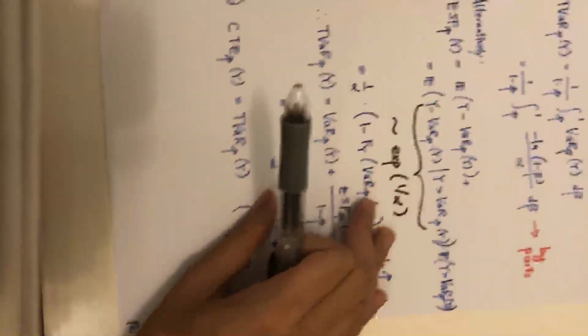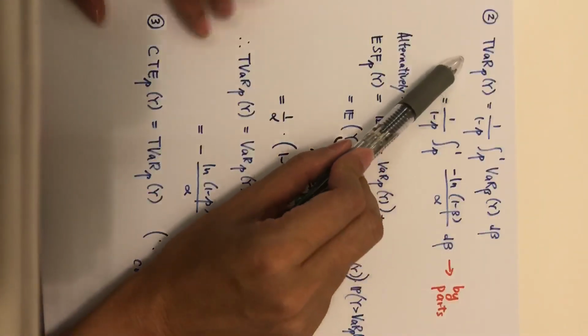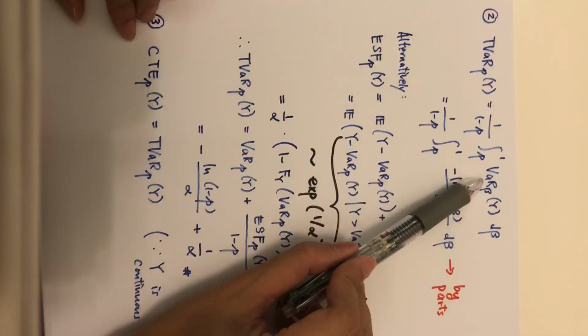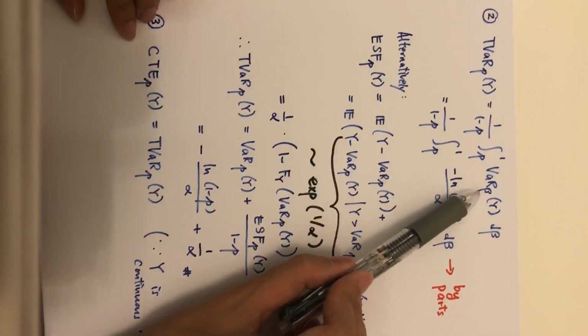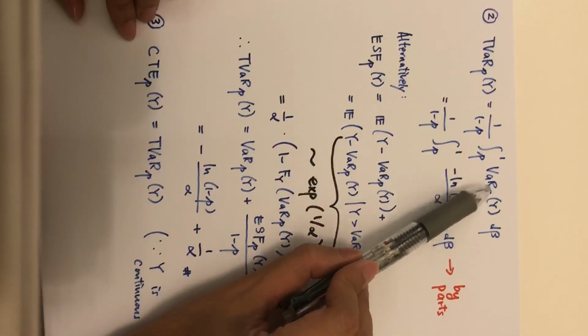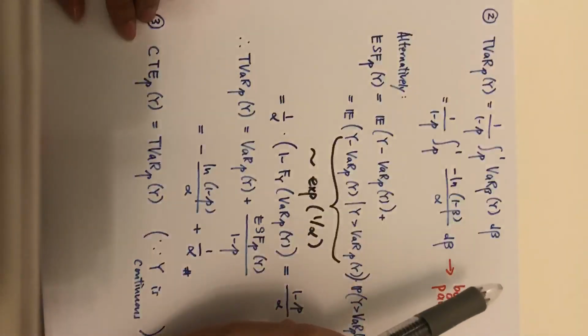Next, we consider TVaR. By definition, TVaR at level p is the integral of value at risk from p to 1. Here, beta is the variable of integration. We integrate the level beta from p to 1, and then divide this integral by 1 minus p.